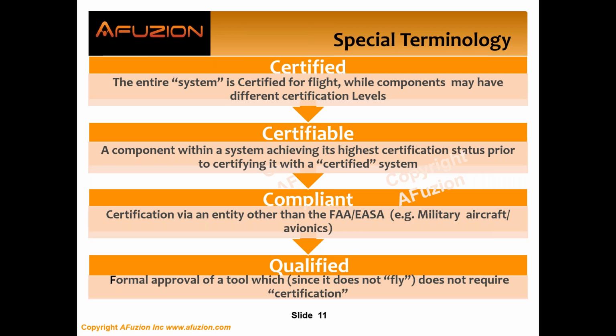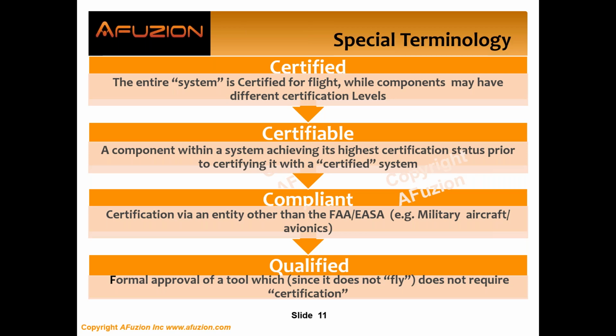So the aircraft is certified, the system is certified, and if you don't know what TSO, Technical Standard Order, TC, Type Certificate, STC, Supplemental Type Certificate, PMA, Parts Manufacturing Approval, if you don't know what those are, check out one of our other webinars or download some of our free white papers. So the components are not certified. There can also be different certification levels. Remember, DALs, Development Assurance Level, within a system and certainly an aircraft.